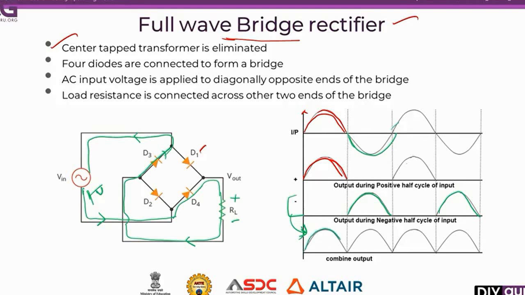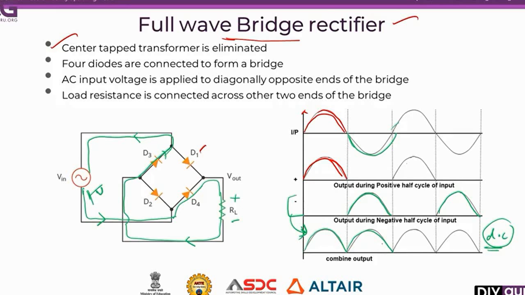Here, we will be having both the positive half cycle as well as the negative half cycle in the same direction. So this is a DC output because we have only positive values. Either you must have positive values or completely negative values. So we have only positive values here. It is called a DC output, but it is a pulsating DC, as we already saw.